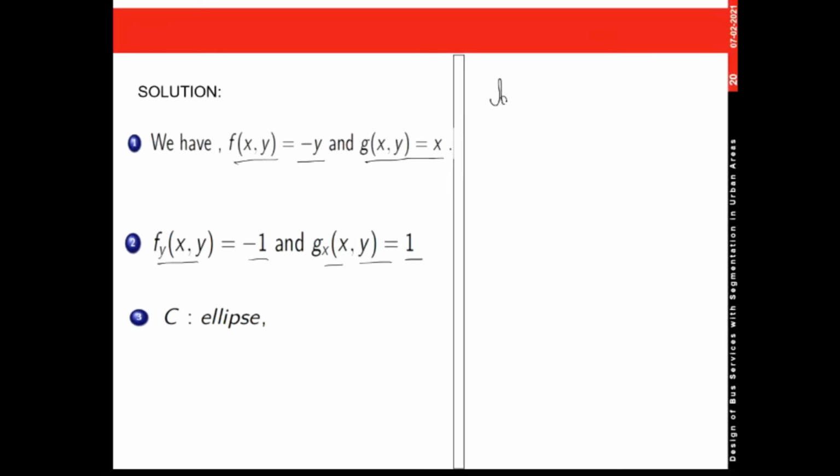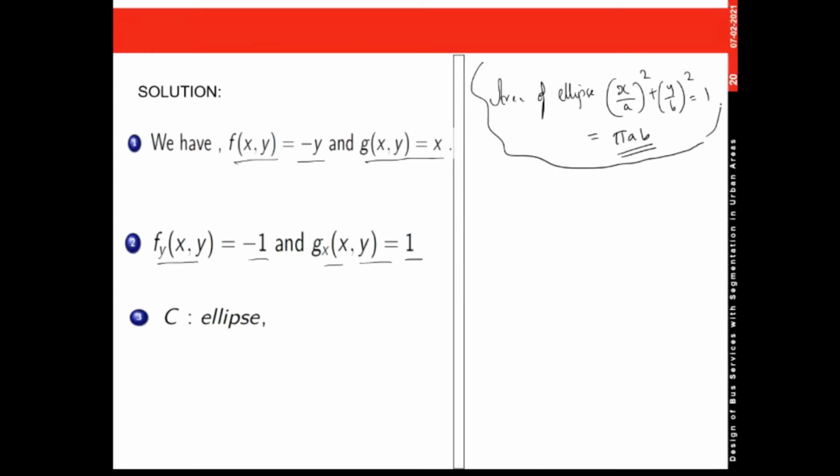Now we know that the area of the ellipse (x by a) whole square plus (y by b) whole square equal to 1 is pi times ab. You already know this, so that must be useful for this.